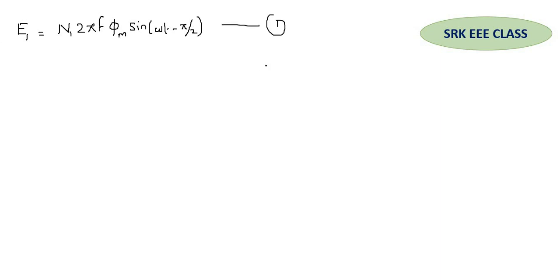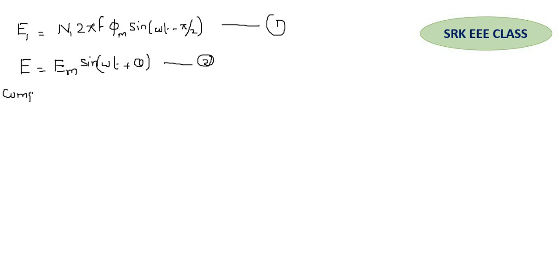Now I am going to compare this equation with the standard equation. What is the standard equation? E is equal to Em sin omega t plus theta. This is my standard relation, my second equation.